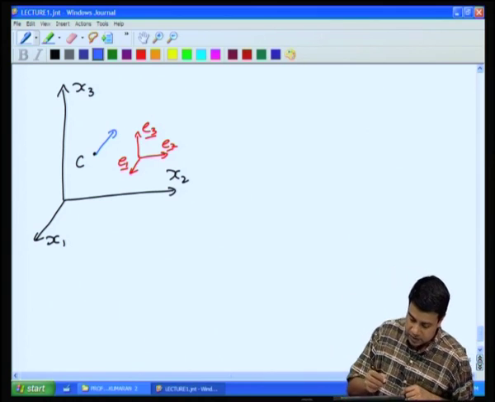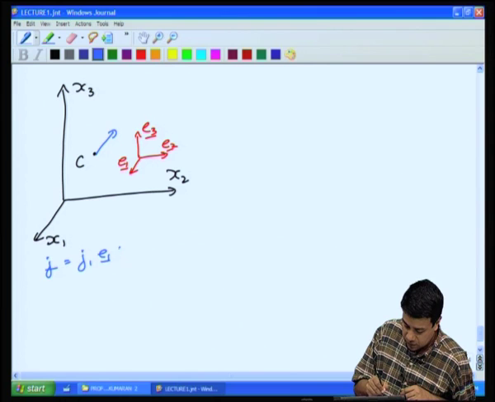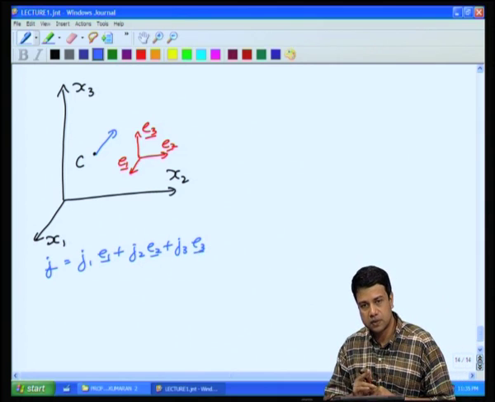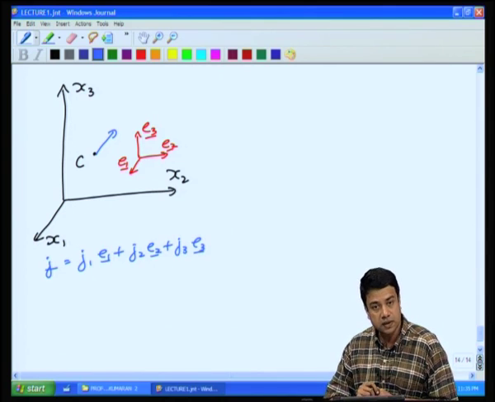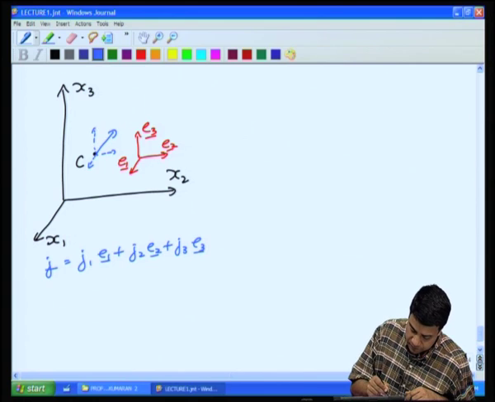As I said, the flux vector is defined as J vector is equal to J1 e1 plus J2 e2 plus J3 e3, using a coordinate system where x1, x2, x3 are now the axes. These are the three components. J1, J2 and J3 give you the fluxes in the three directions. So, I have J1 in this direction, J2 and J3, the three components of this flux.